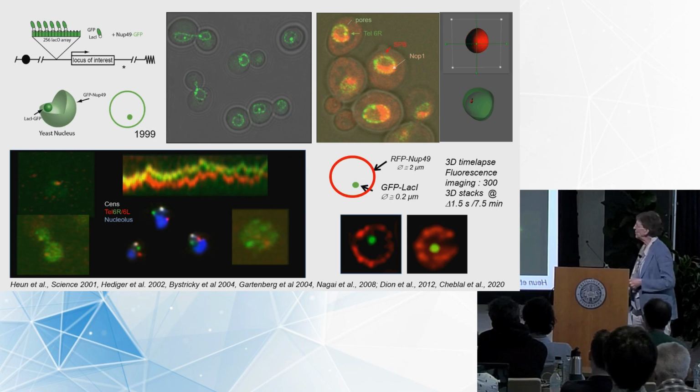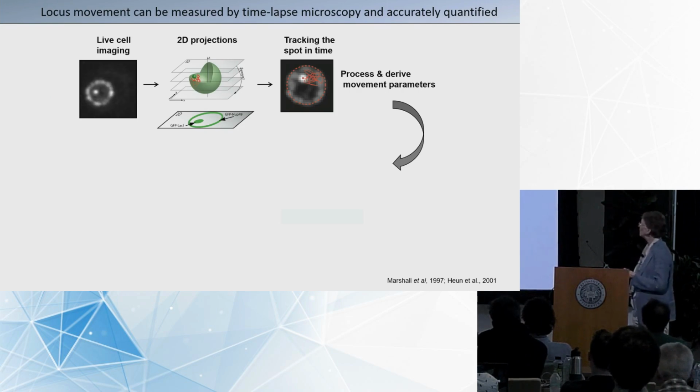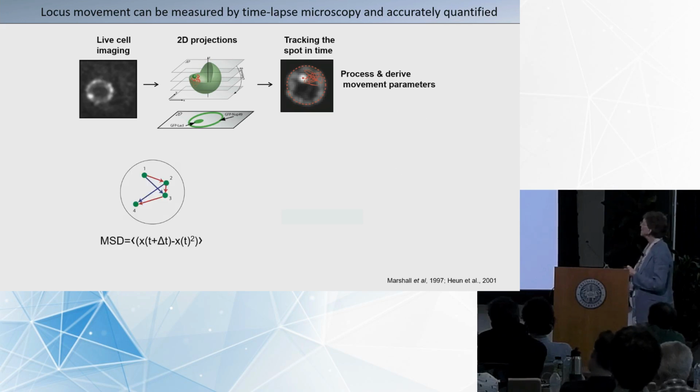But what we really wanted to do was learn what we could from this interesting movement of DNA. And so we optimized. This was, again, about the same time that Sadat had published the first paper looking at tagged regions. We coupled it with the nuclear pore so we could quantify movement more precisely.